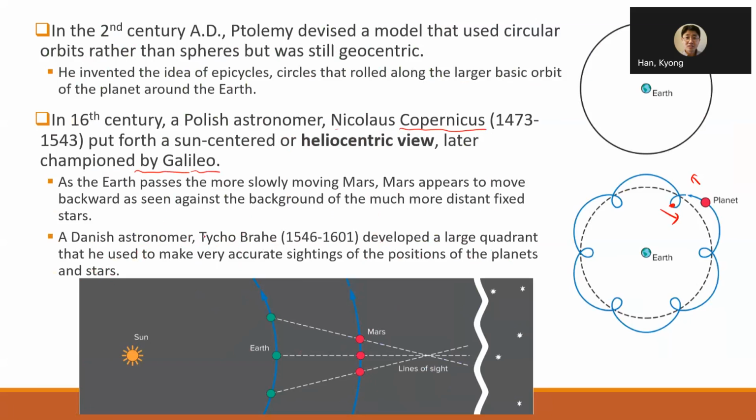He spent his whole life observing the stars and planets, and collected pretty accurate data. Then his student, Kepler, analyzed the data using the best mathematics and got Kepler's first, second, and third laws.